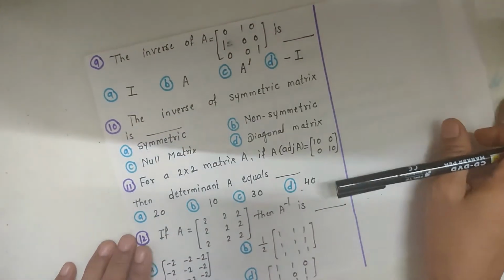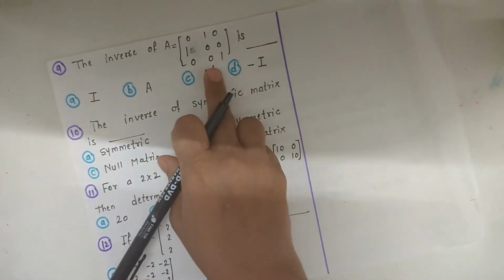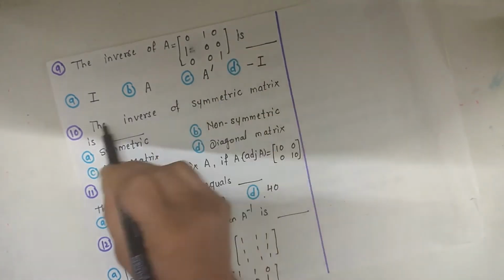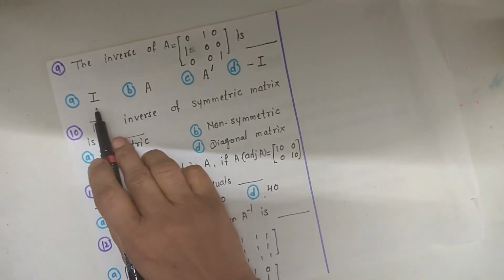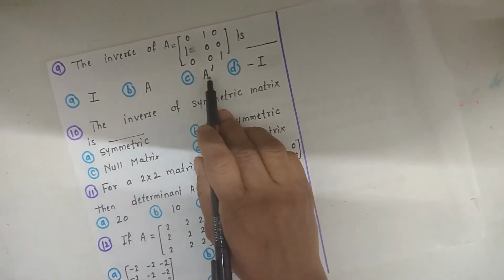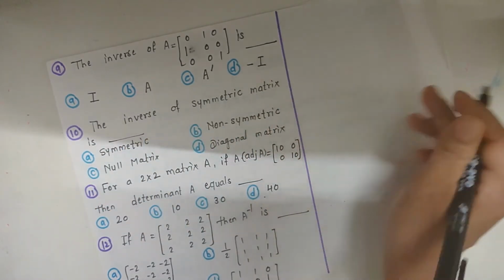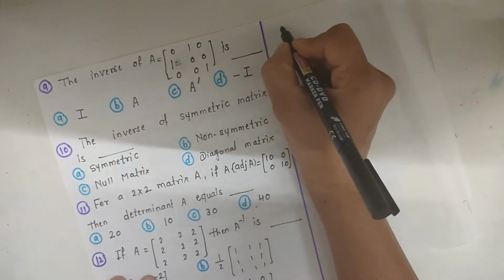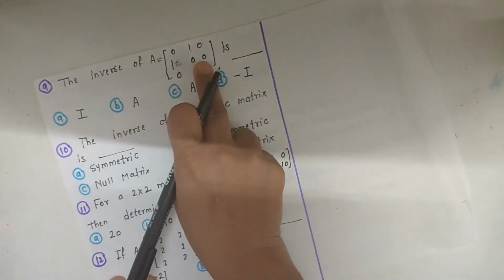Now the next MCQ: the inverse of A of order 3 by 3 is, the options are identity matrix I, A complement, and minus identity matrix I. Now here we have to find the inverse of this matrix.